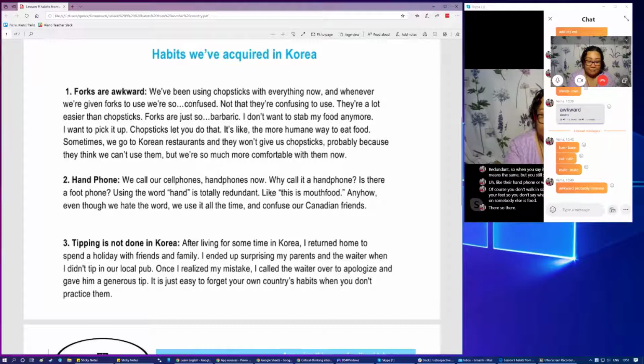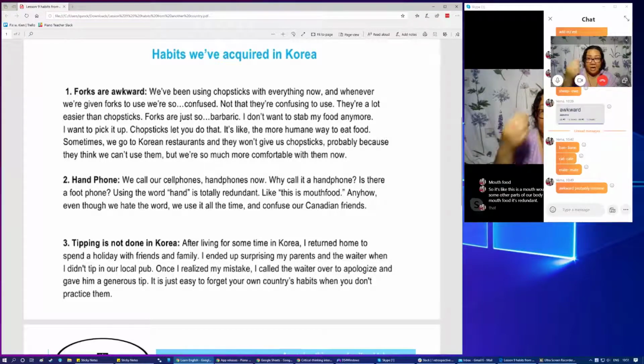Like this, mouth food. What is that? Of course, do we feed some other parts of our body? It's always the mouth. So when you say mouth food, it's redundant, because there's no way that you feed another part.